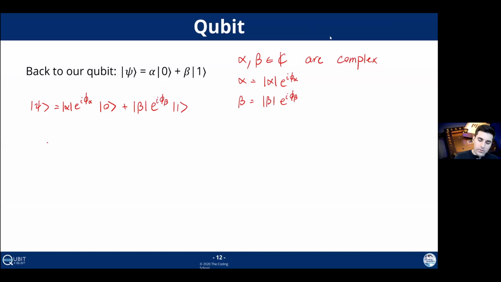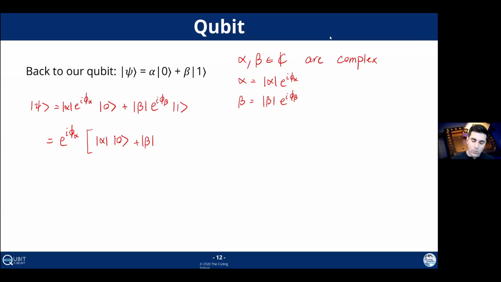Okay, what I'm going to do next is factor out the phase in front of the 0 state. So I'm going to write e^(i phi alpha) here, pulling it out, and then in parentheses, magnitude of alpha times the 0 state plus magnitude of beta.